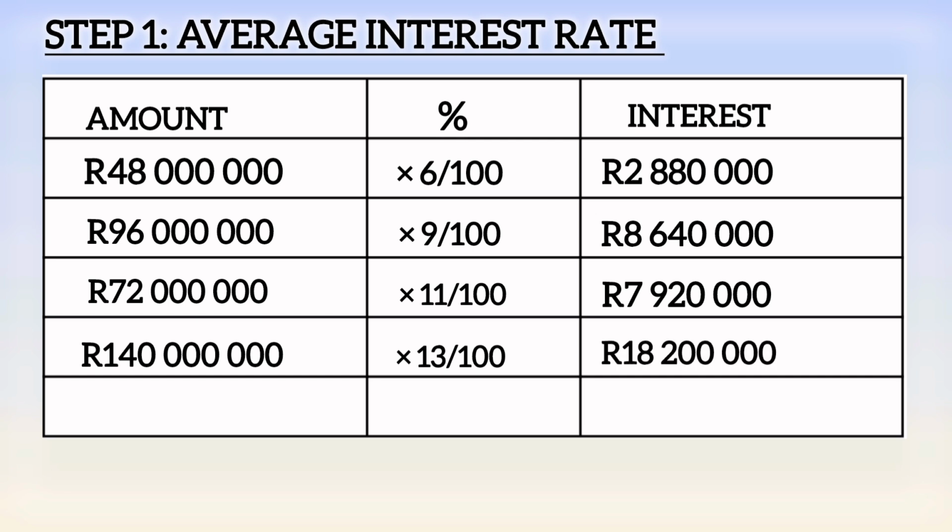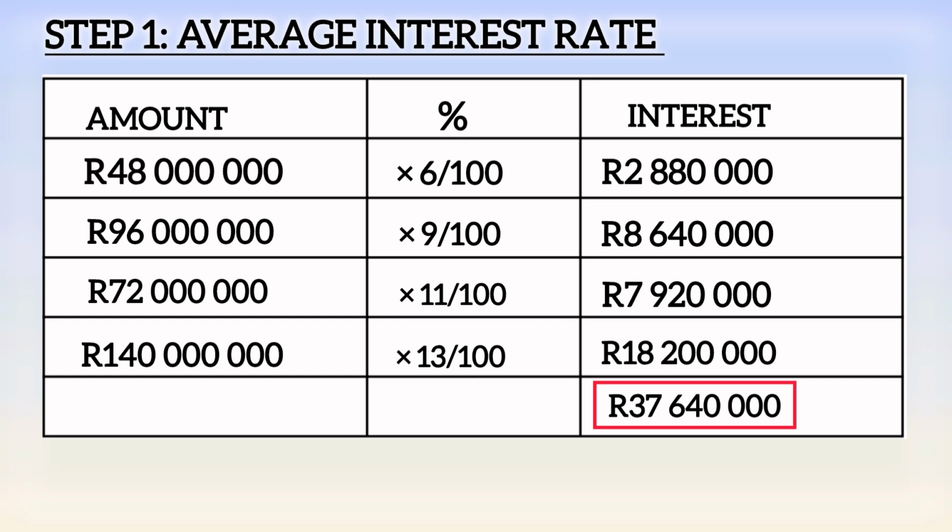You then add together all your interest. We have 2,880,000 plus 8,640,000 plus 7,920,000 plus 18,200,000. In total, we have the sum of interest of 37,640,000. Okay, you do the same with the total borrowings.